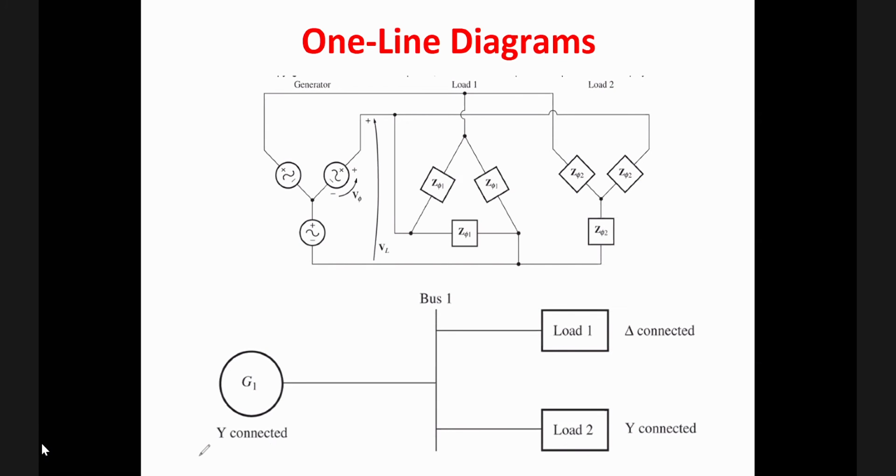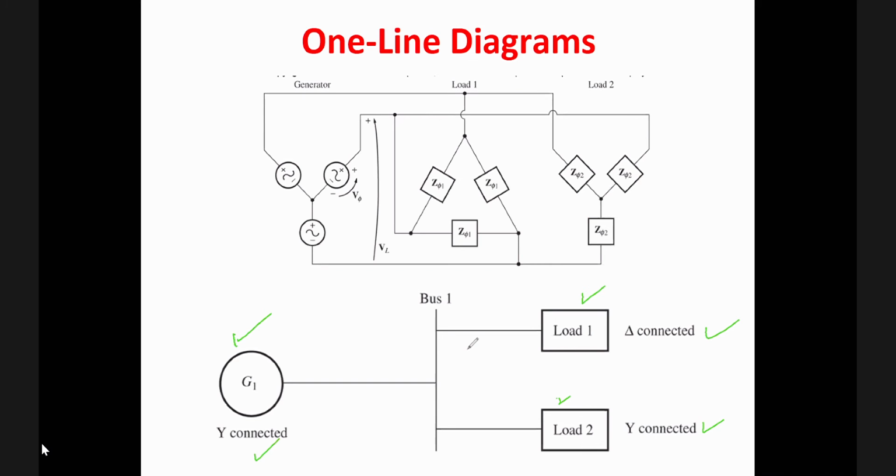One line diagram means that we just draw the generator and the two loads, saying that this is G1, load 1, load 2. This is Y connected, delta connected, Y connected. So we just specify the connection in the single line diagram rather than drawing all of them.